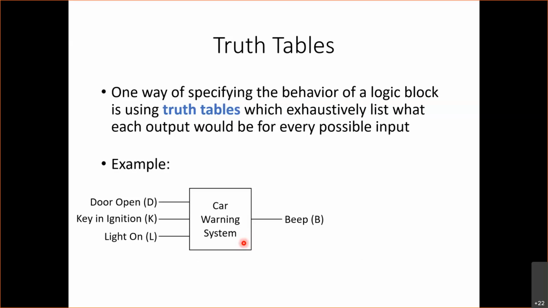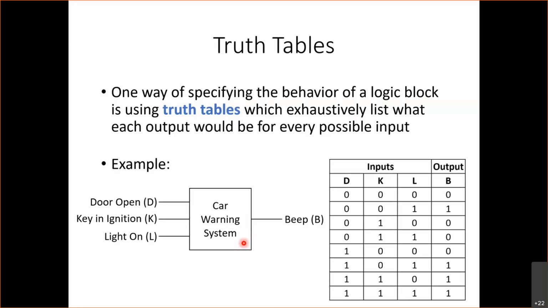So let's start with a truth table. Let's create a truth table for this logic block. When do I want my car to beep? When do I want my car to warn me that something is wrong? Here we have all the possible combinations of these three events taking place: the door being opened, the key being in the ignition, and the light being on.